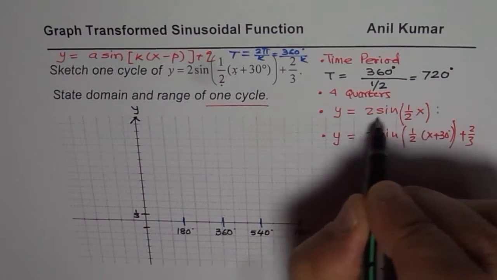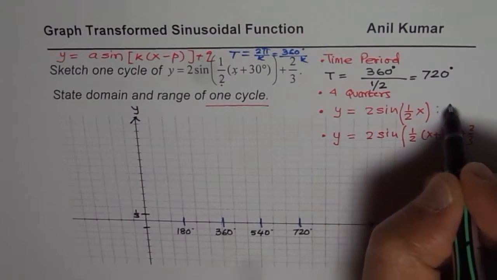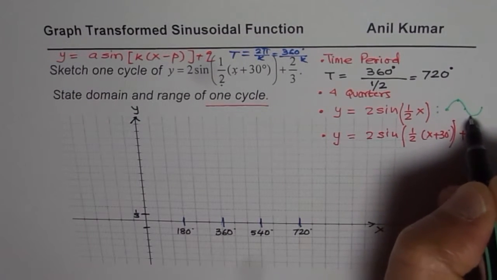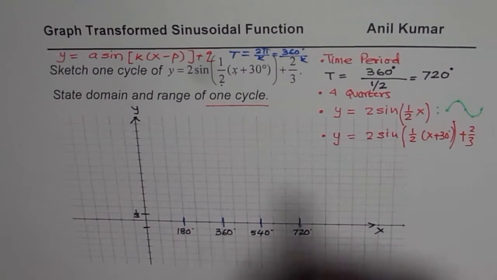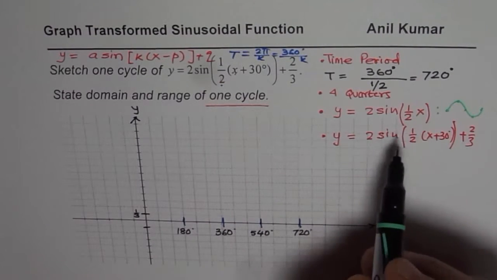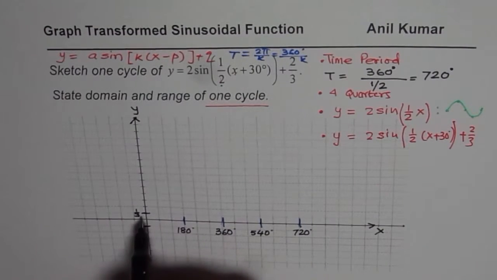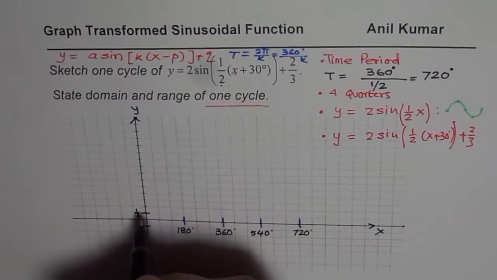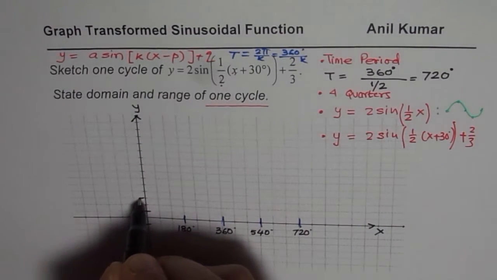A sine function is defined by 5 key points. You know, a sine wave is like this. So these are the 5 key points which we are going to consider. Now, our amplitude is 2. If each scale is 1/3, then how much is 2? So 1/3, 2/3, and this is 1 whole.